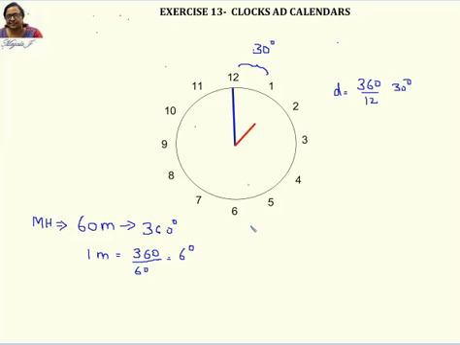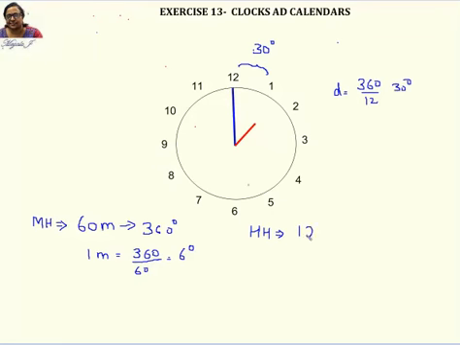Now you go for the hours hand. When it makes one full rotation, what is the total duration? Just imagine that it is at 12 o'clock. At 12 o'clock, this hour hand is going to be here in this line. And then when it makes one complete rotation and comes back here, it is going to cover 12 hours.